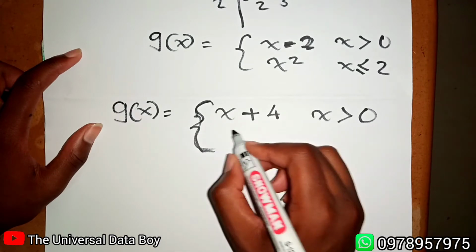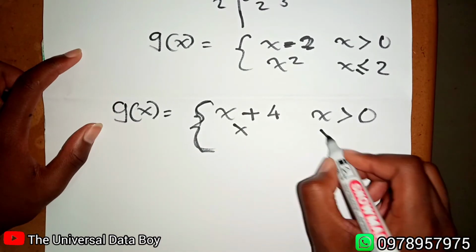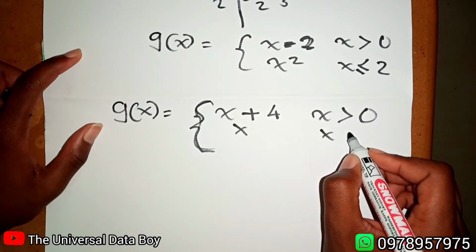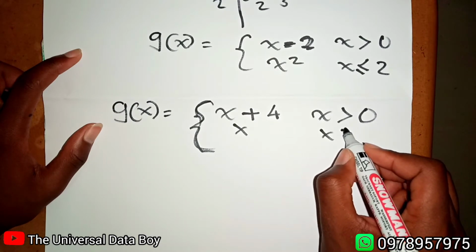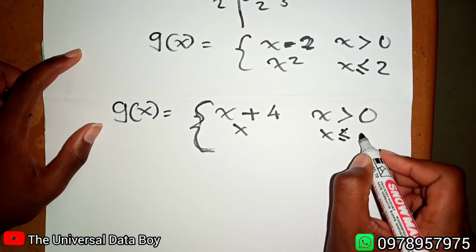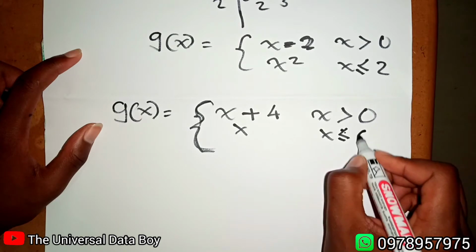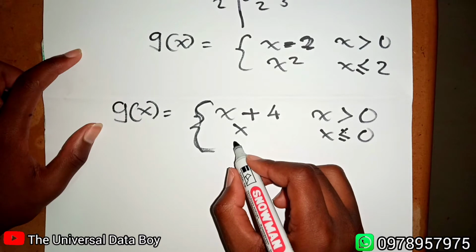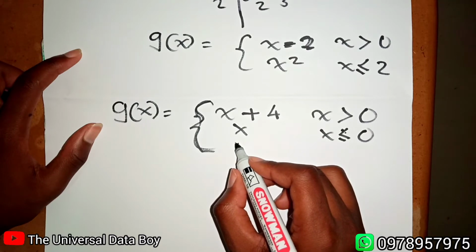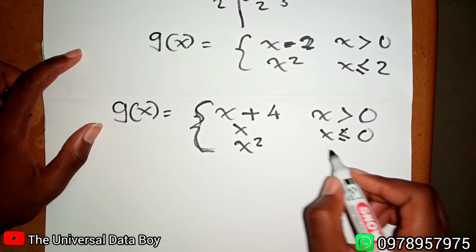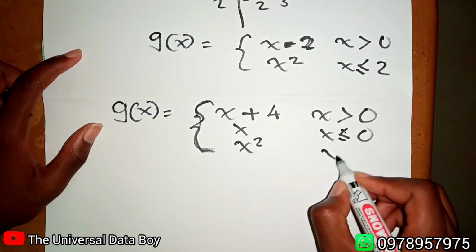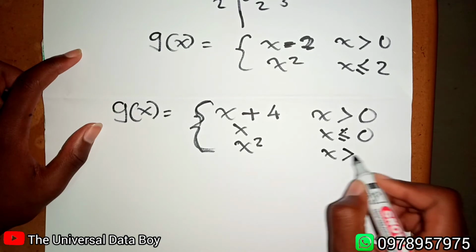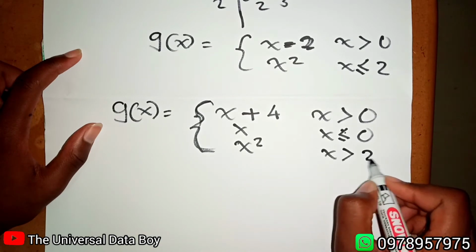Then g of x is equal to x when x is greater than or equal to 0, and then we have x squared when x is greater than 2.